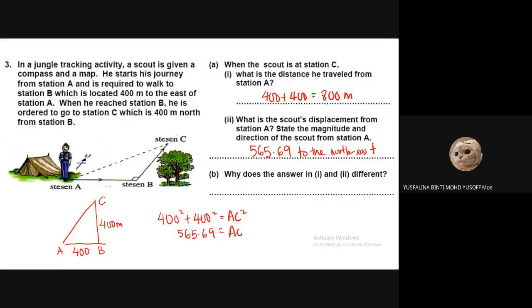For B, why are the answers in 1 and 2 different? Why is 1 800 and 2 565.69? What is the reason?